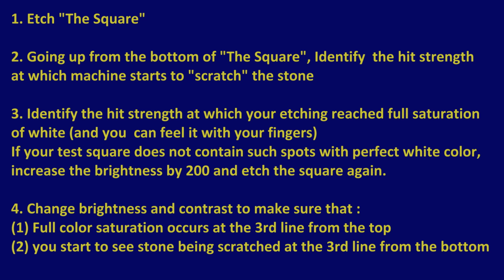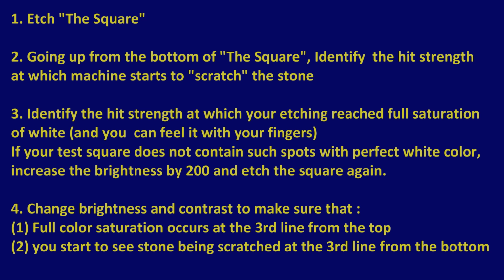You identify that point, and by using this chart in your material definition, you convert that color number into heat strength. Step number 3, using the same square, try to identify the color at which it reaches the widest color possible, and also convert it into the heat strength.